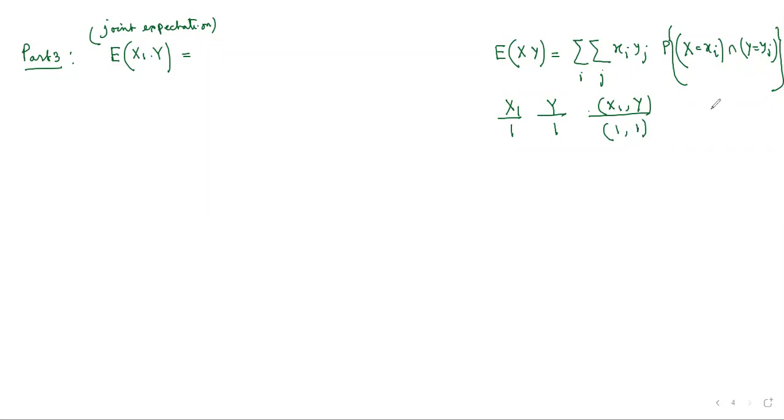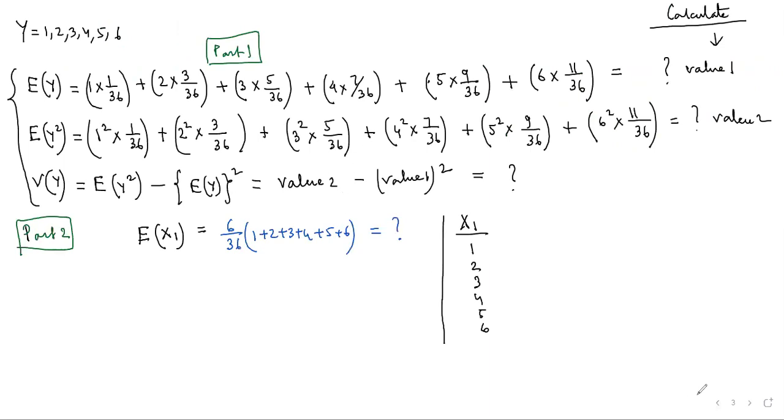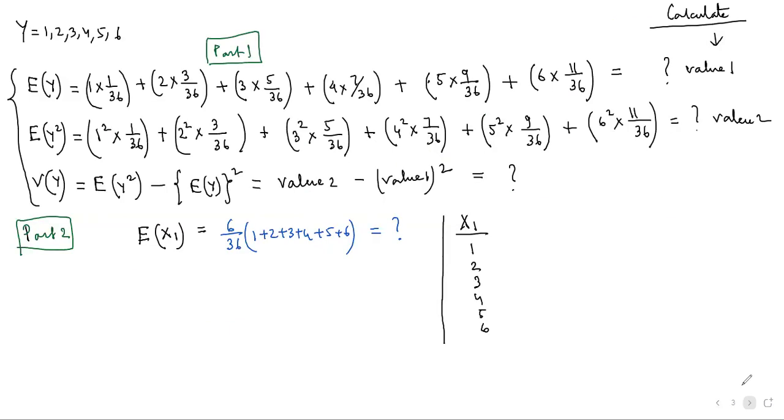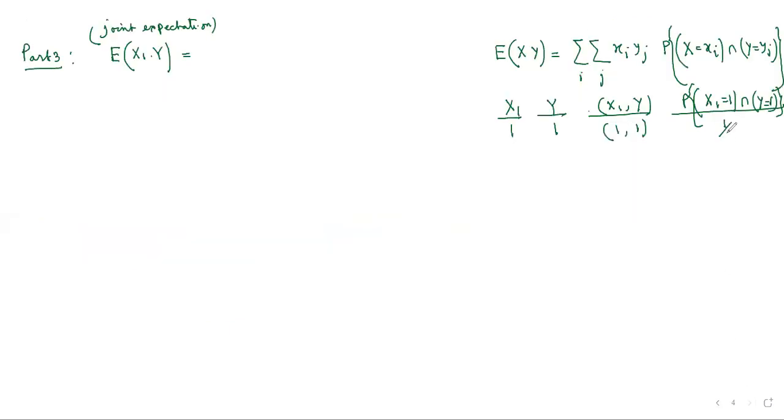If it is so, then you know that the joint probability that x1 is equal to 1 intersection y is equal to 1, from the chart, it's known to you. This is how much? It is 1 by 36. This is the joint probability. So we're going to write the joint probability here as 1 by 36.